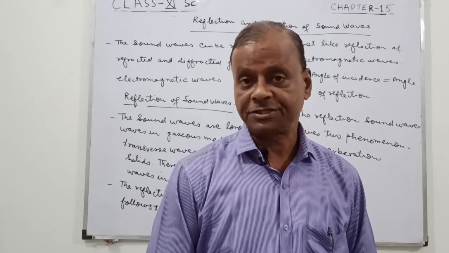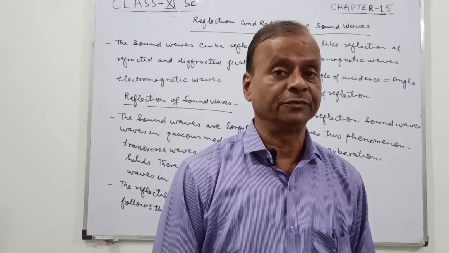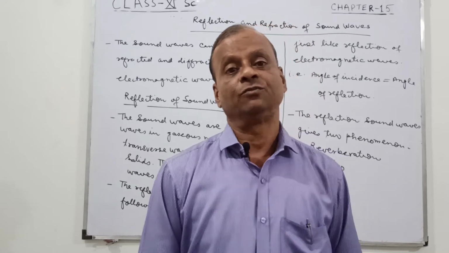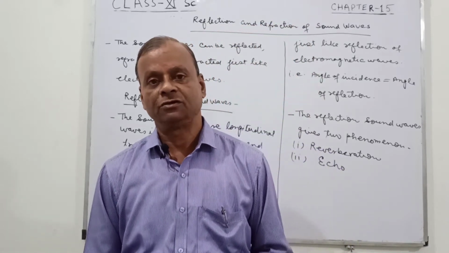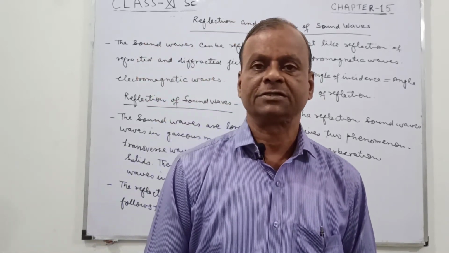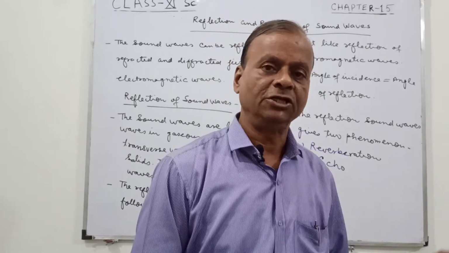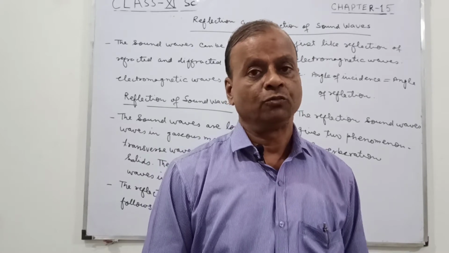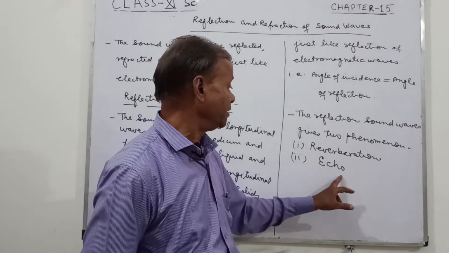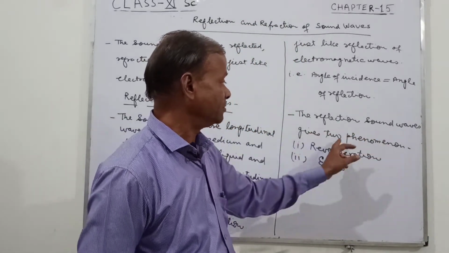So the reflection of the sound wave from the different objects which are at a distance more than 17 meters or approximately equal to 17 meters, and this is in the open space, then this echo takes place. So both of these phenomena are due to the reflection of the sound wave.